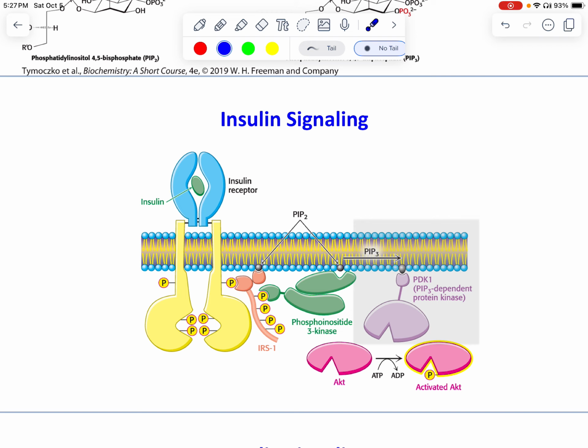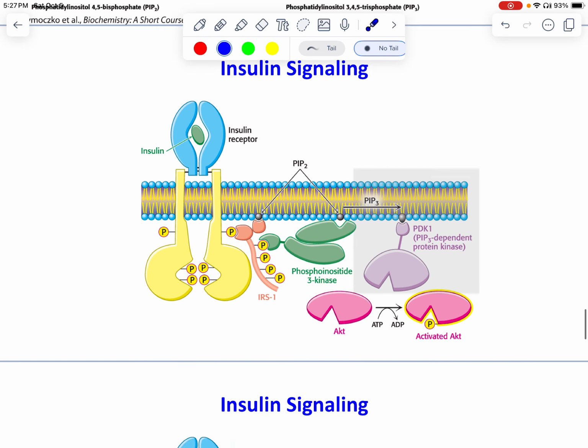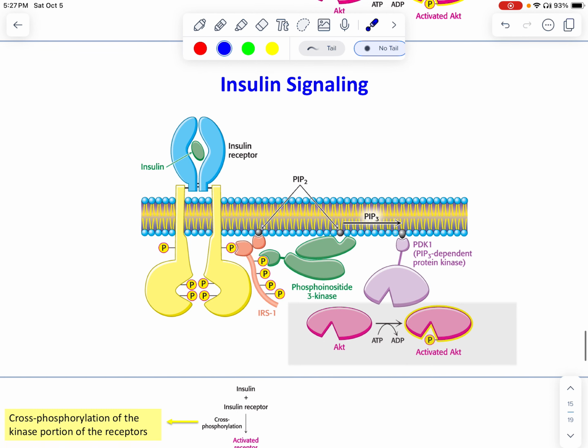So again, kinases phosphorylate things, and when it's activated, it phosphorylates yet another kinase called AKT. Sometimes we call this one protein kinase B. So PKB, protein kinase B.